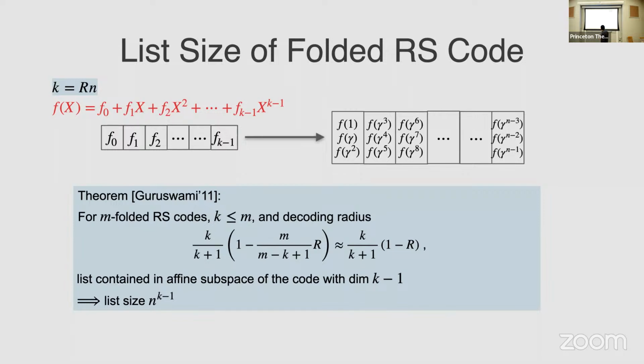So we are getting closer and closer to the distance, but the list is always contained in an affine subspace, which immediately means that the list size is at most q to the k minus 1. And q is generally taken to be roughly n. So this means that the list size is n to the k minus 1.